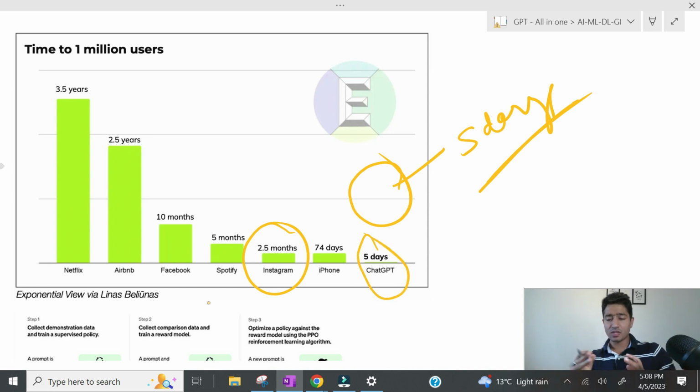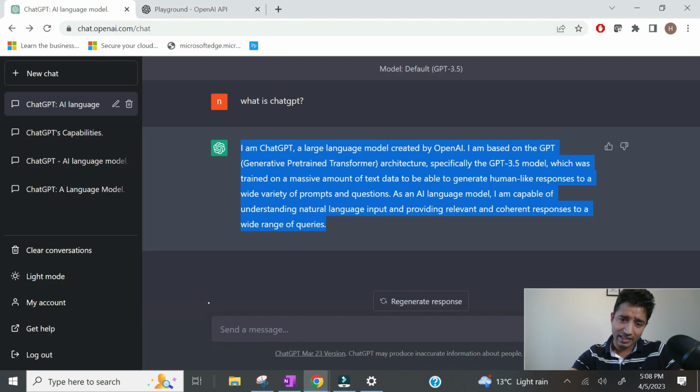So it means people were curious, people are curious, people want to explore it. And I think this is the right time for everyone to know about it, and to at least understand it, right? So let's go to the ChatGPT portal again, and let's see a few more things.